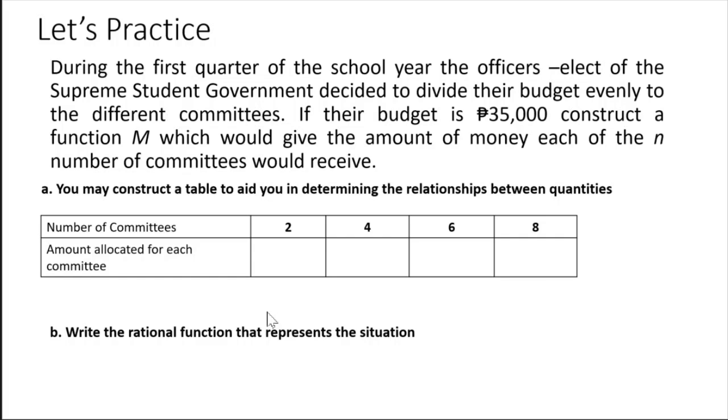For letter A, you may construct a table to aid you in determining the relationships between quantities. So we have the number of committees: 2, 4, 6, 8. So what is the amount allocated for each committee? You fill in the table.